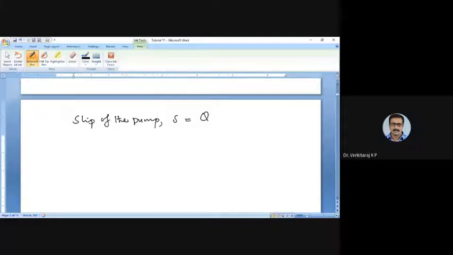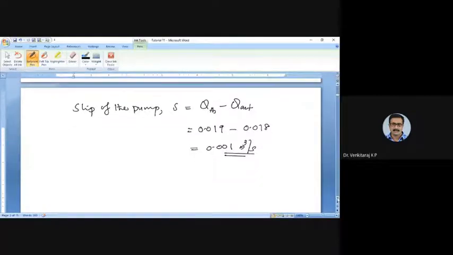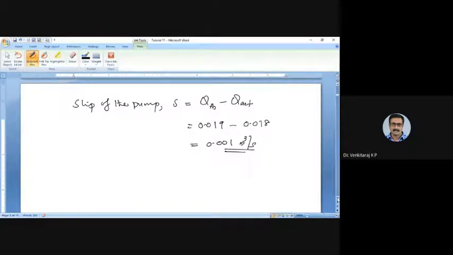So it is Q theoretical minus Q actual. So it is 0.019 minus actual discharge 0.018. So slip is 0.001 meter cube per second. The slip of the pump is 0.001 meter cube per second.